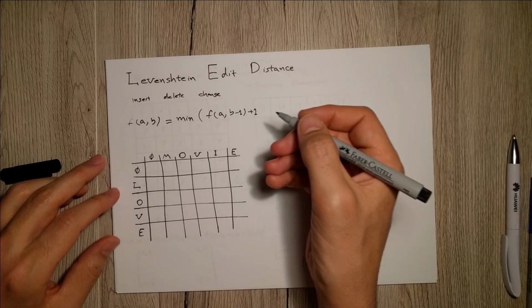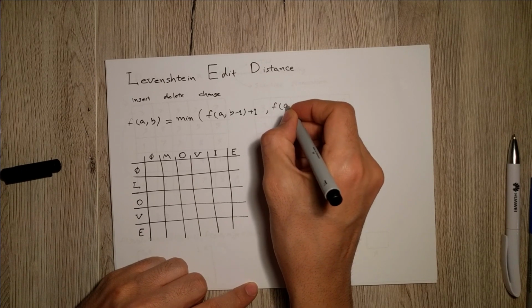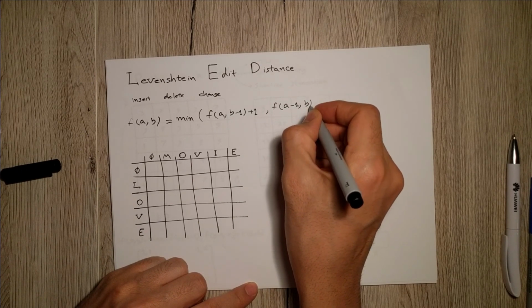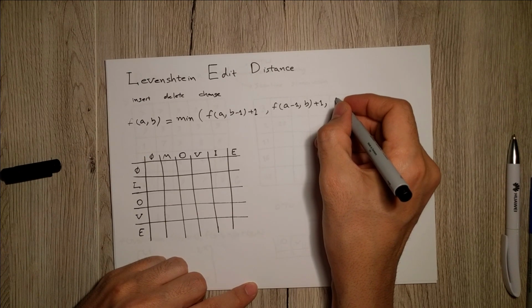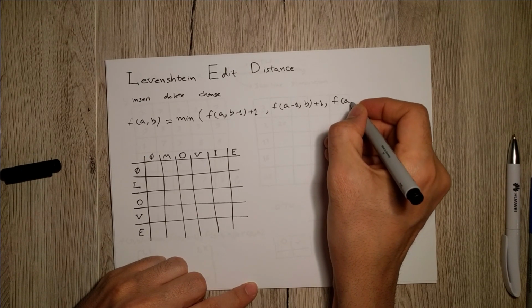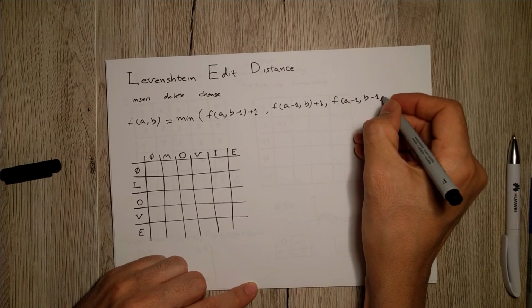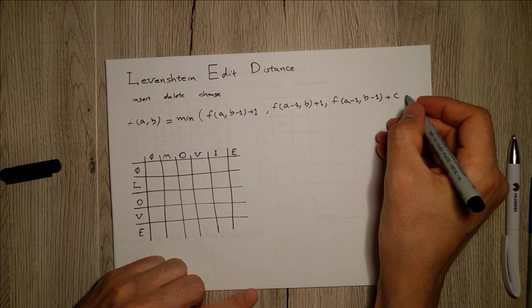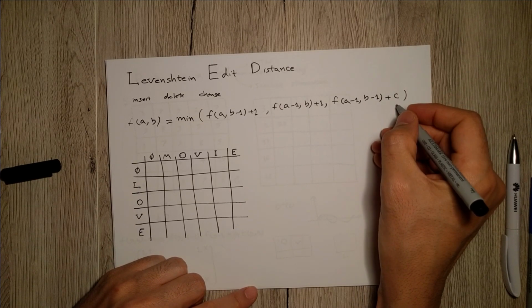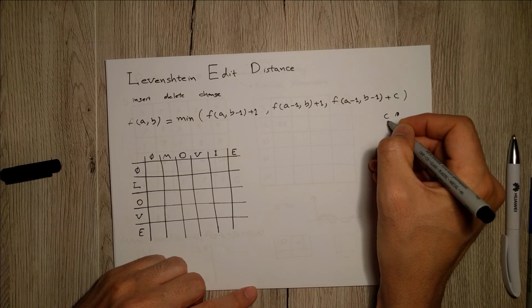So here's a cost for delete. f of a minus 1 and b, this is a cost for insert. And f of a minus 1 and b minus 1 plus c, which c could be 0 or 1.